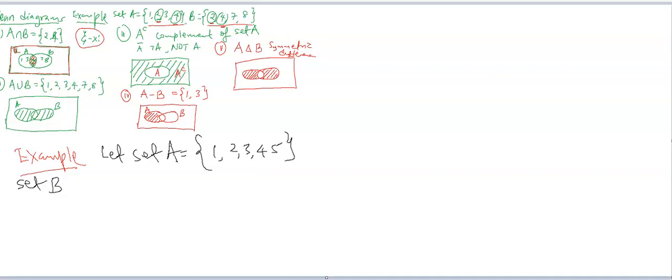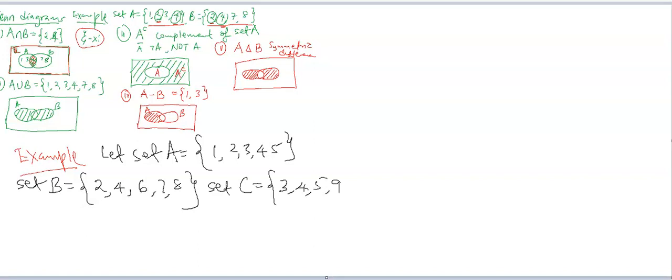Set B has the elements 2, 4, 6, 7, 8. Set C has the elements 3, 4, 5, 9, and 10. How can we represent these three sets in a Venn diagram?